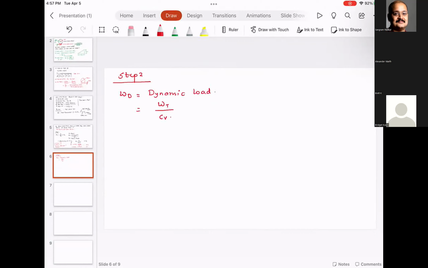CV is the same velocity factor, 6 divided by 6 plus V. That will give you the value of WD.